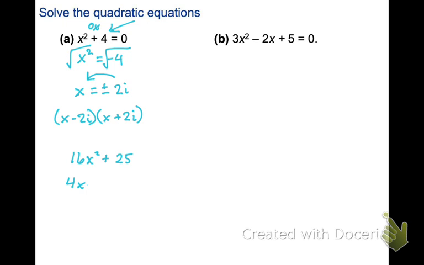Oh, that's fine. Never mind. Ignore me. 4x plus 5i and 4x minus 5i. So my solution would be x equals plus or minus 5 fourths i.